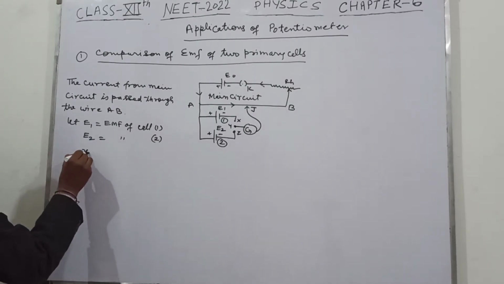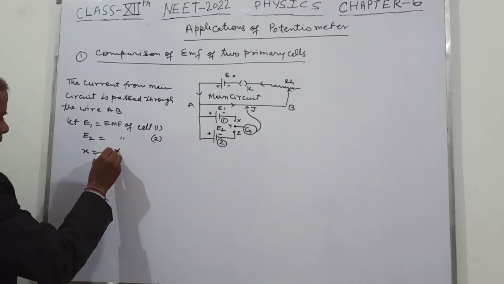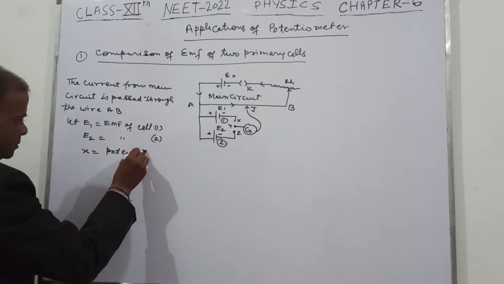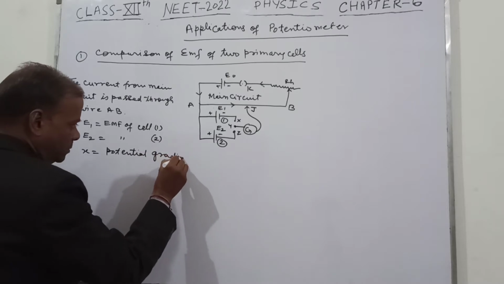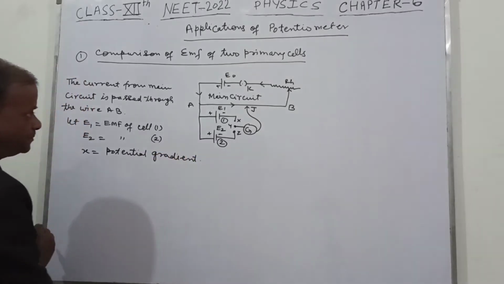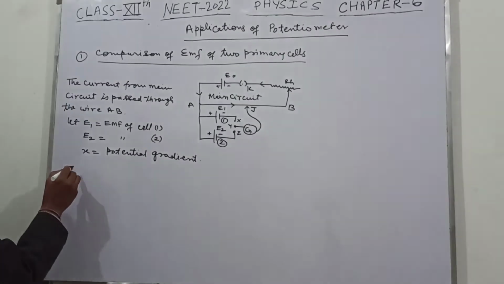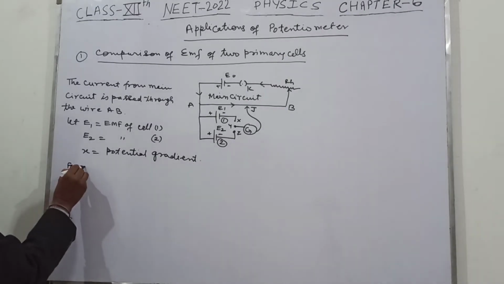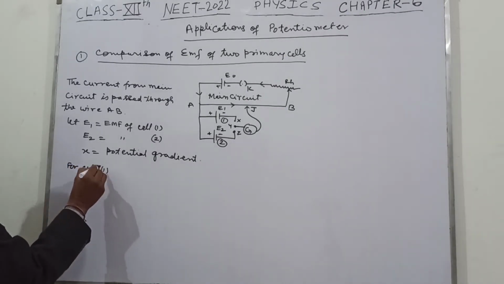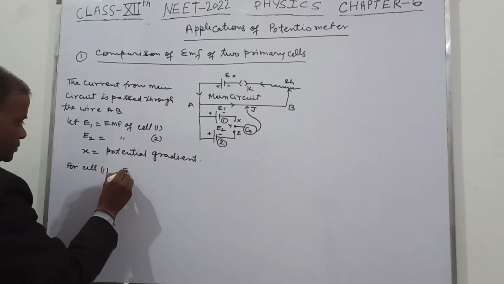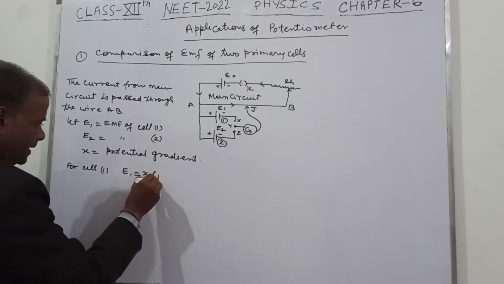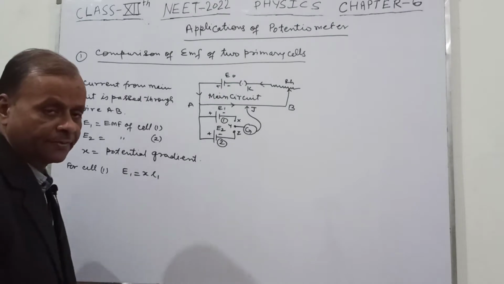So let X be the potential gradient. For cell 1, E1 equal to XL1, where L1 is the balance length.